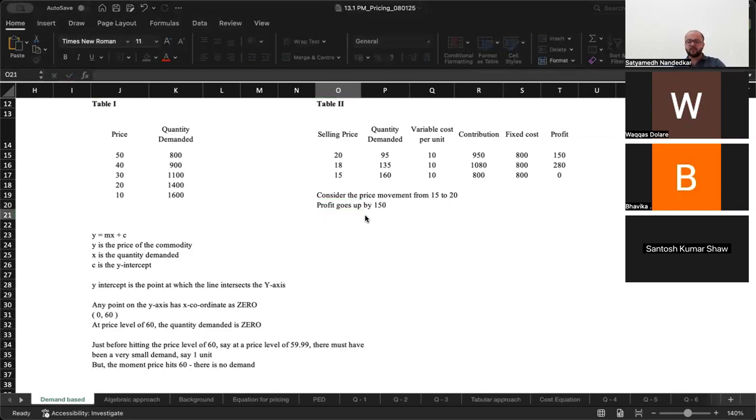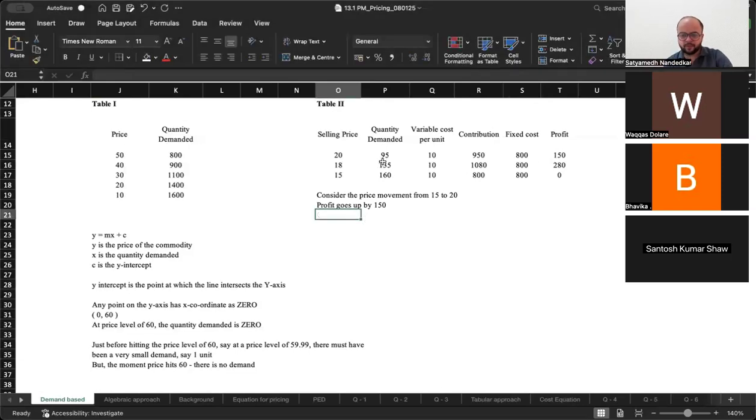And when you consider the movement from, say, 18 to 20, you see the profit has reduced actually. From here to here profit goes up, but when the selling price increases further from 18 to 20, there is a different impact on quantity demanded, and profit does not increase, profit goes down.